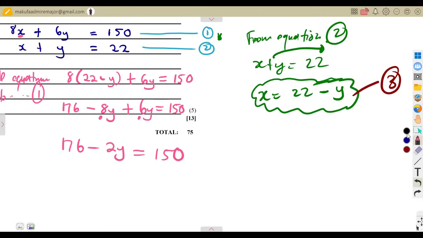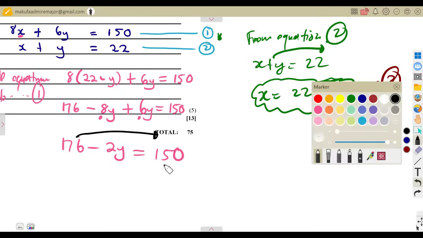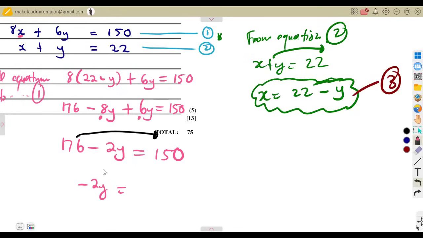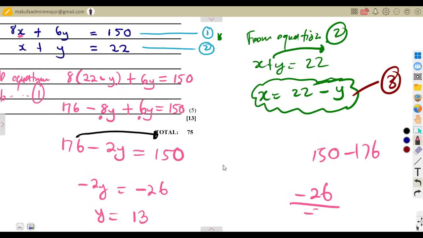We want to solve for Y in this case, so we can transpose this to the other side. It becomes negative there. So minus 2Y is equal to 150 minus 176. If you subtract properly on your calculator, you're going to get negative 26. Divide by negative 2 on both sides. Negative 26 divided by negative 2 is a positive 13, so Y is 13.